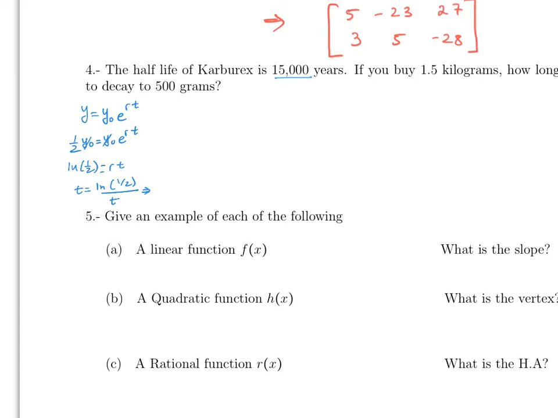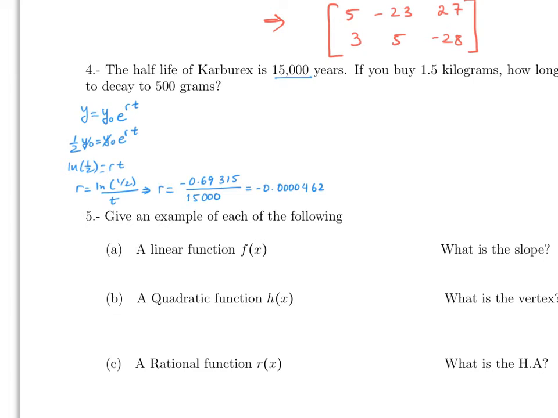So from here we have that r is equal to minus 0.69 divided by 15,000, and this is equal to minus 0.000046.2.